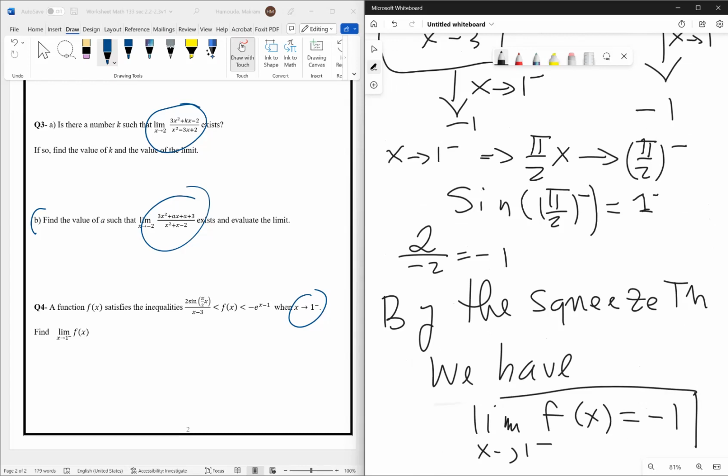Okay, without knowing anything about the function f of x, we don't even know the expression of the function. We just have a double inequality. We have bounds for the function f, so we could find the limit using the squeeze theorem. And we are done for this first worksheet. Thank you.